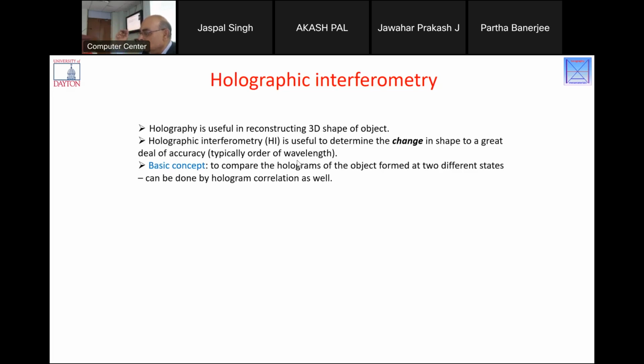That's one way to do it. Another way, if you just want to figure out similarities between 3D objects, one of the ways we have developed is correlation of holograms.